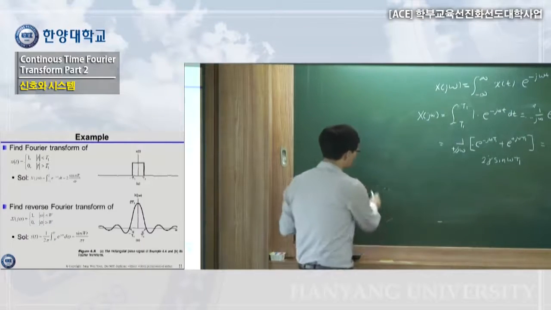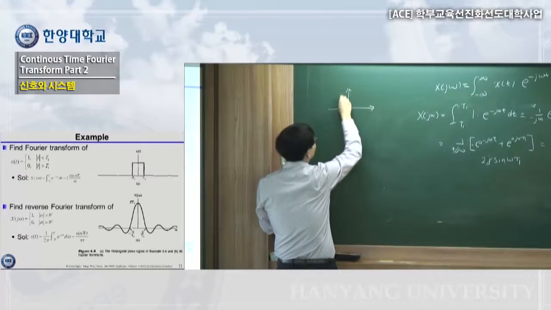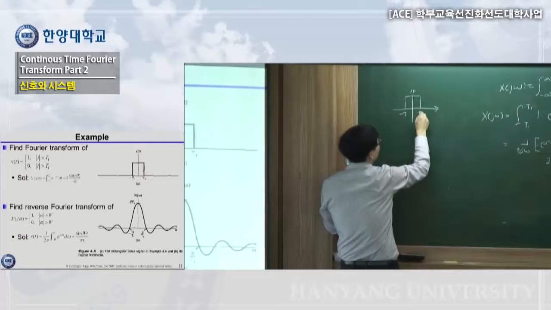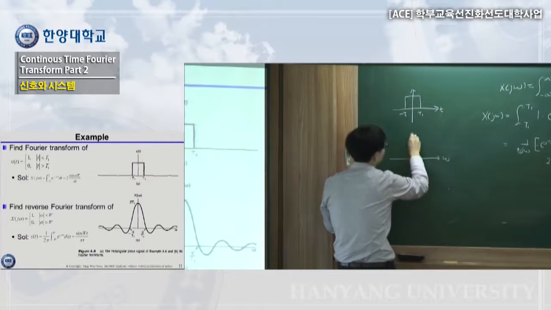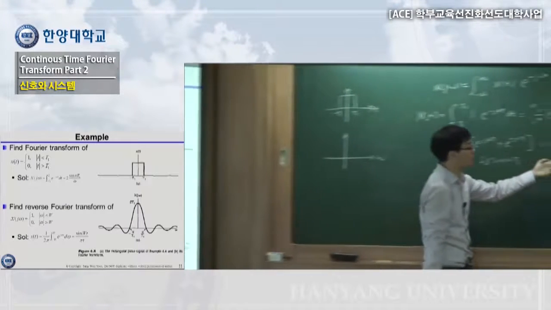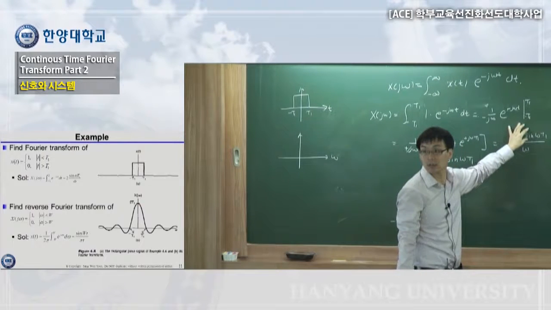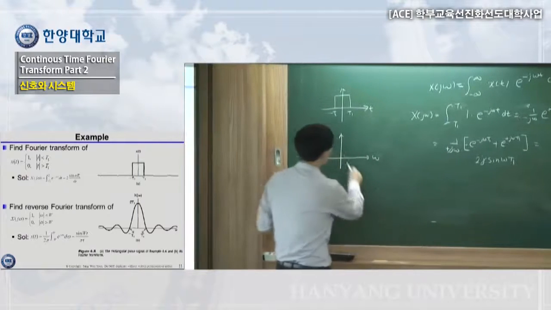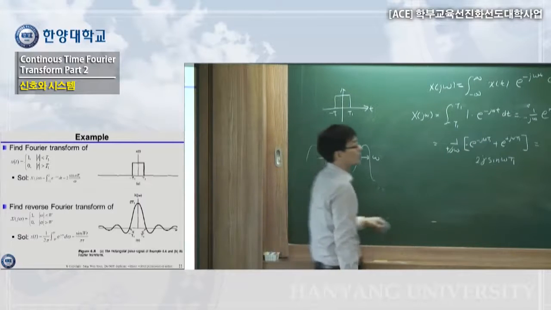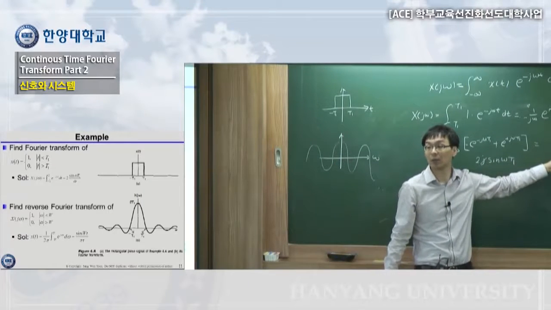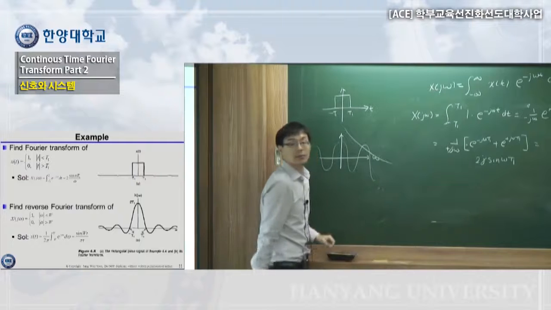When you draw it, the rectangular signal, which goes from minus t1 to t1 in the time domain, changes to the frequency domain. This one looks like what? Let's consider omega as a variable. This is basically a sine wave, right? And it is multiplied by 1 divided by omega, which is decaying.